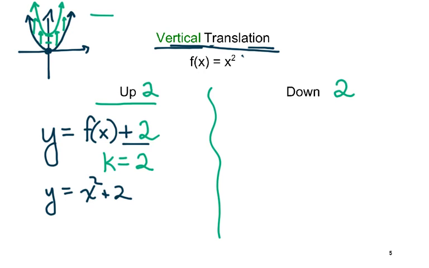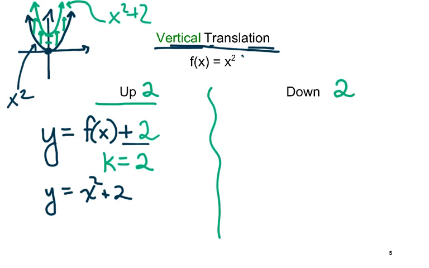So the new function, the green one right here, this new function that's written right there, that is the function x squared plus 2. And the black one is still x squared. It's f of x equals x squared.